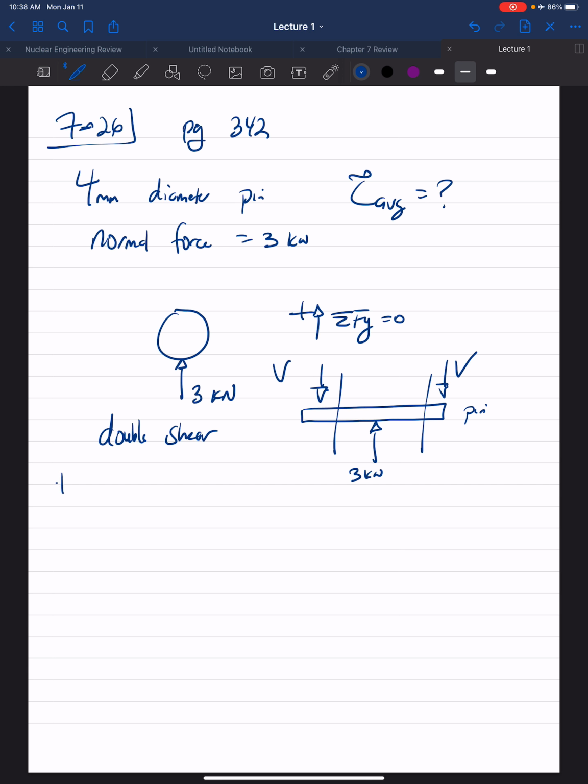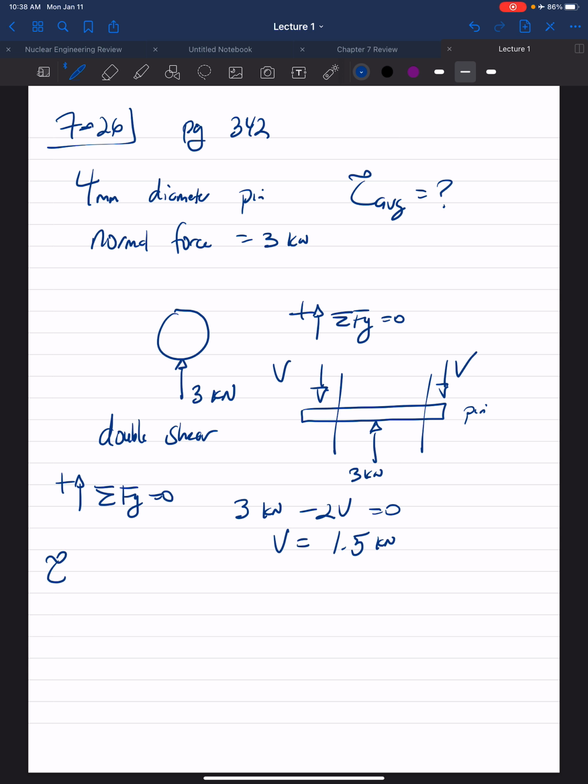So then sum of our forces in the y direction for equilibrium, we have, with up being positive, 3 kilonewtons minus 2V equals 0. So V, the shear force, is 1.5 kilonewtons.